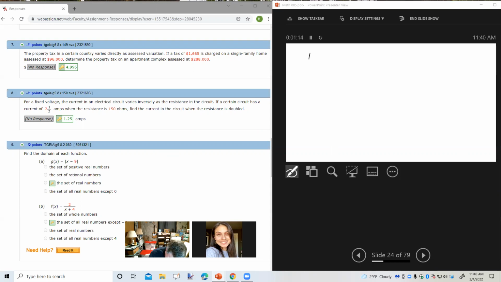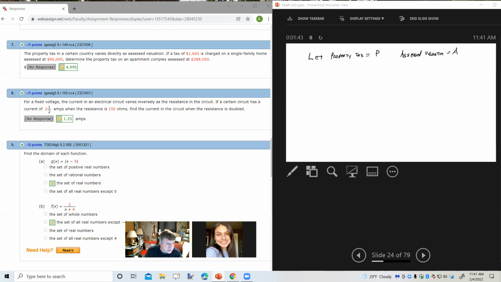So let the property tax equal, how about big P, and assessed valuation is going to equal A. So P will stand for property tax and A will stand for assessed valuation.